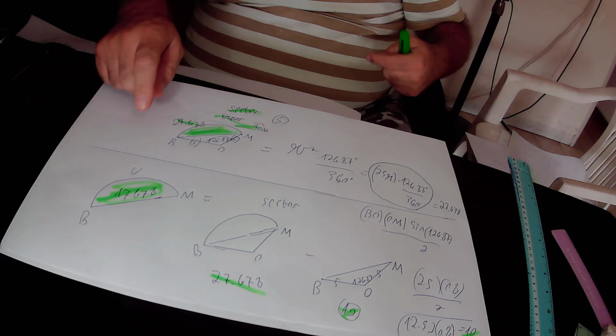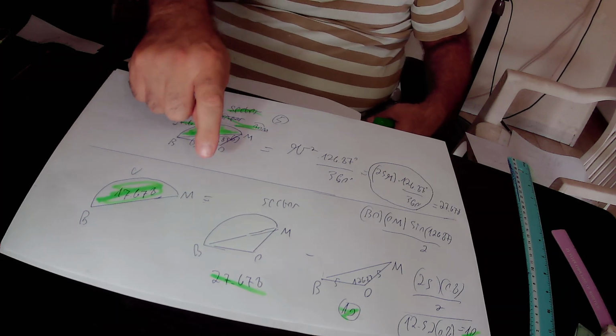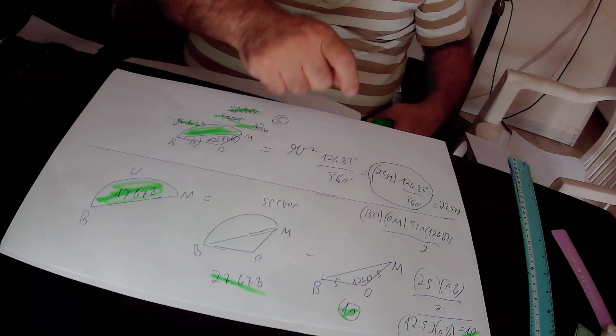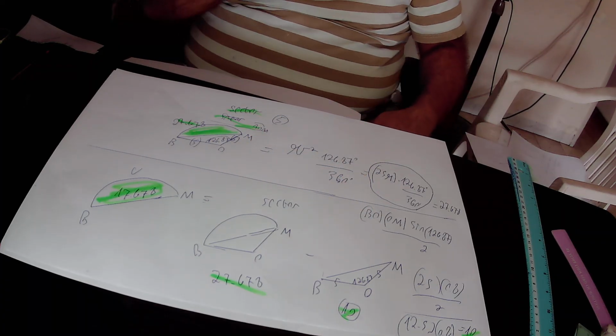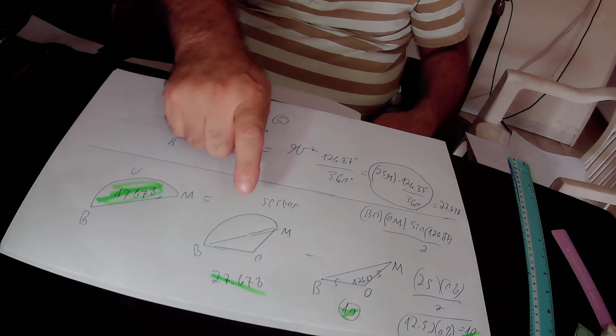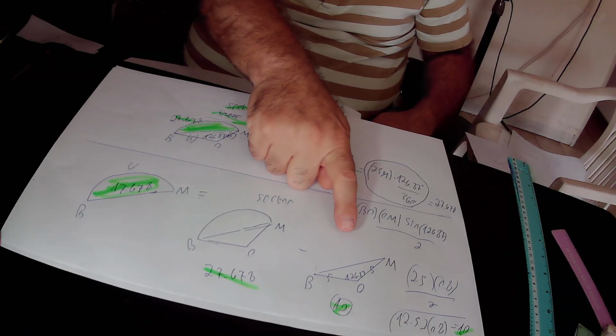Therefore, the area of segment BUM equals the area of sector BOM minus the area of triangle BOM. We already found that the area of sector BOM equals 27.678 square units in size, minus the area of triangle BOM.